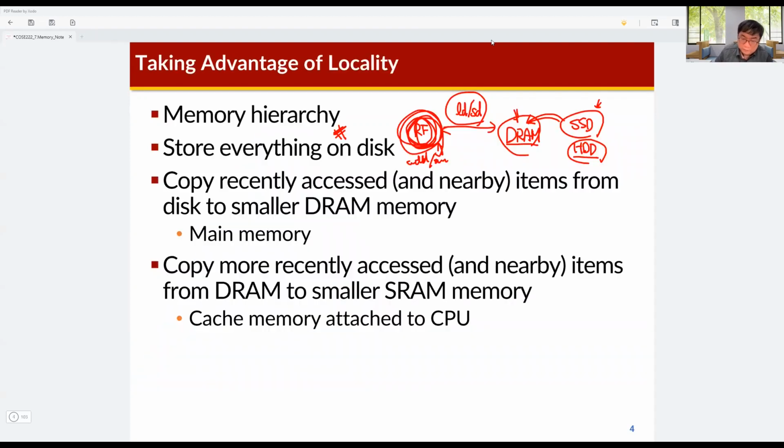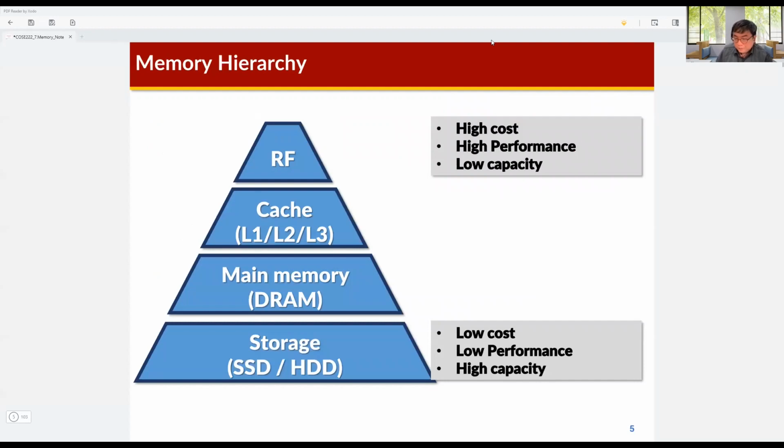The first question is why do we need to use memory hierarchy? This figure shows a typical hierarchy of our memory systems.